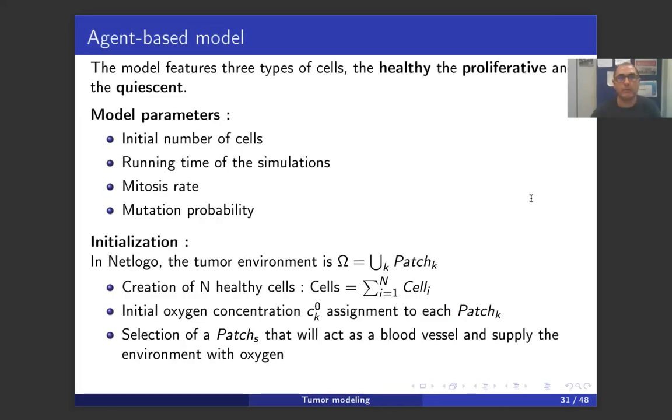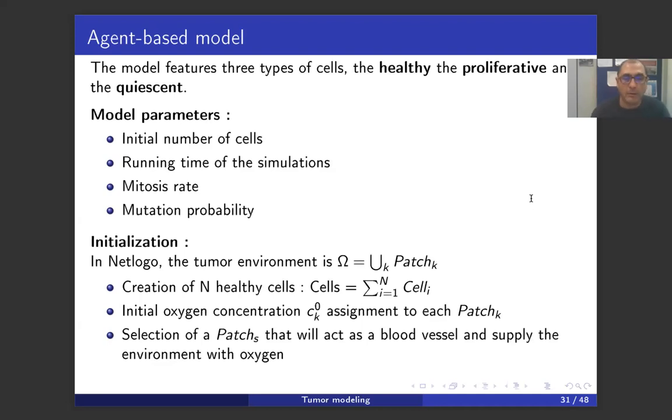We consider, as in the first part, only three types of cells: the healthy, the proliferative, and the quiescent one. And we consider some parameters, which are the initial number of cells, the running time of the simulation, mitosis rate, and mutation probability. In NetLogo, the environment is omega.